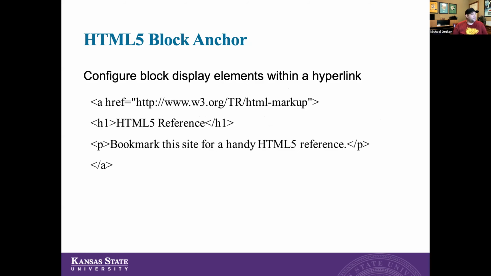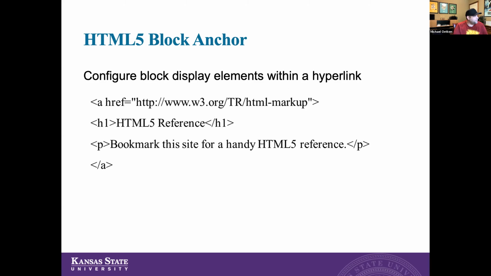We can also link whole sections of a page. For example, maybe we have an H1 and some paragraph text, and we want that entire thing to be linked, so when somebody clicks on either the title or that text, it'll open up a link. We can do that by embedding that H1 and the paragraph element inside of our anchor tags.